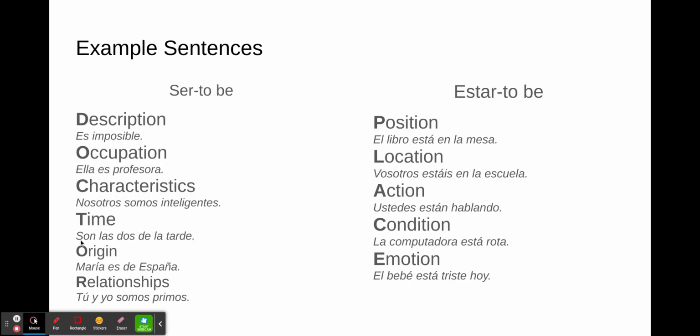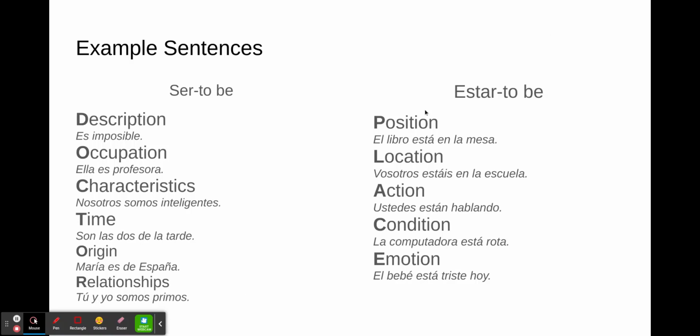When I'm going to tell time, son las 2 de la tarde, it is 2 p.m. Origin or where someone is from, María es de España, Maria is from Spain. And relationships, tú y yo somos primos, you and I are cousins.